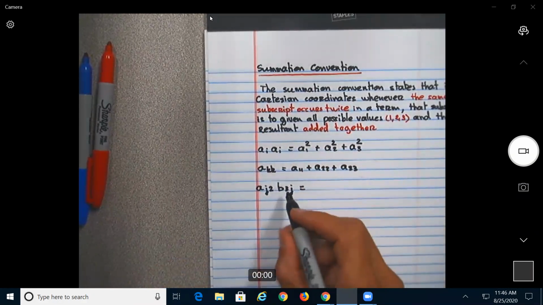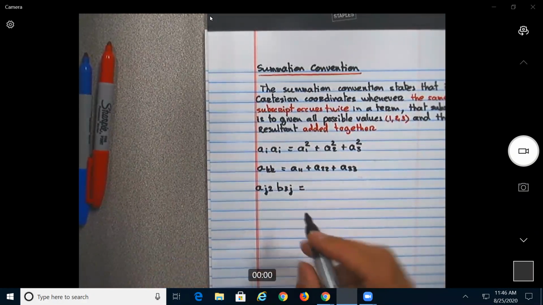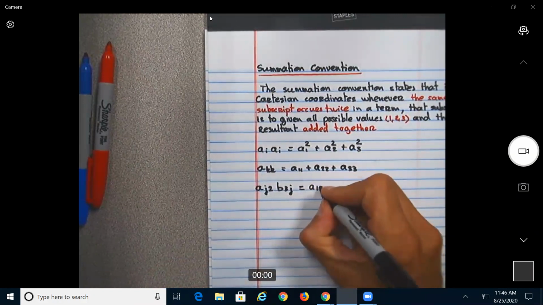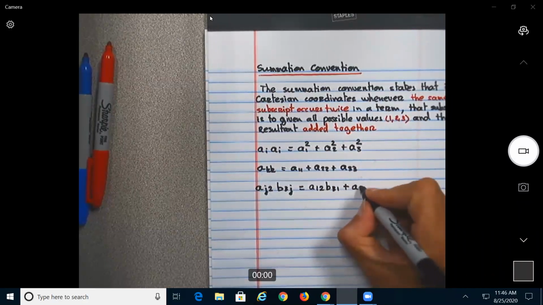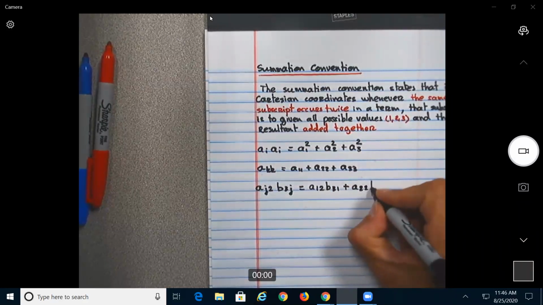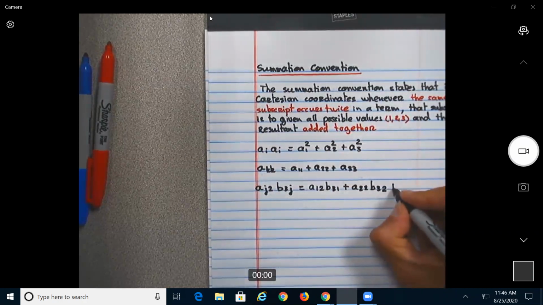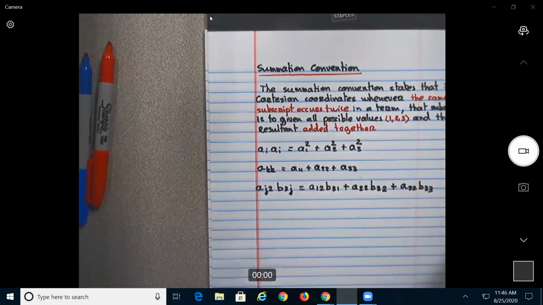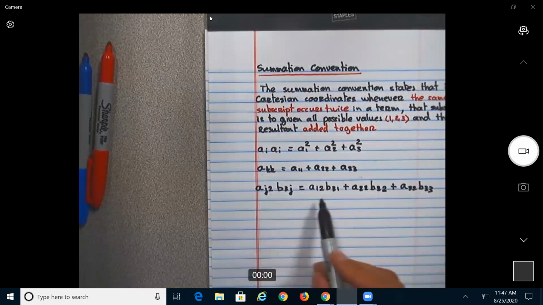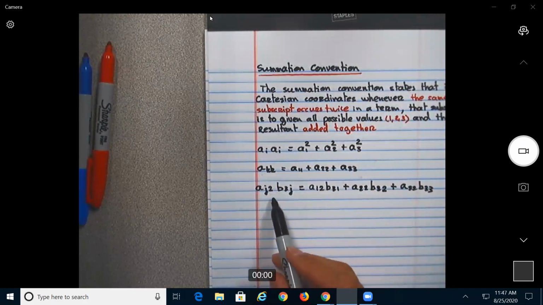You're going to have a12 b31 plus a22 b32 plus a32 b33. Okay, so you see this compact notation in this case is 1, 2, 3 times.